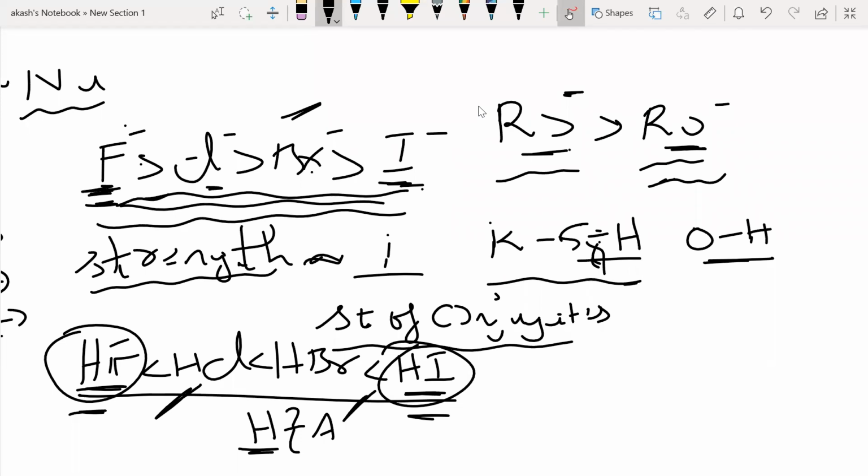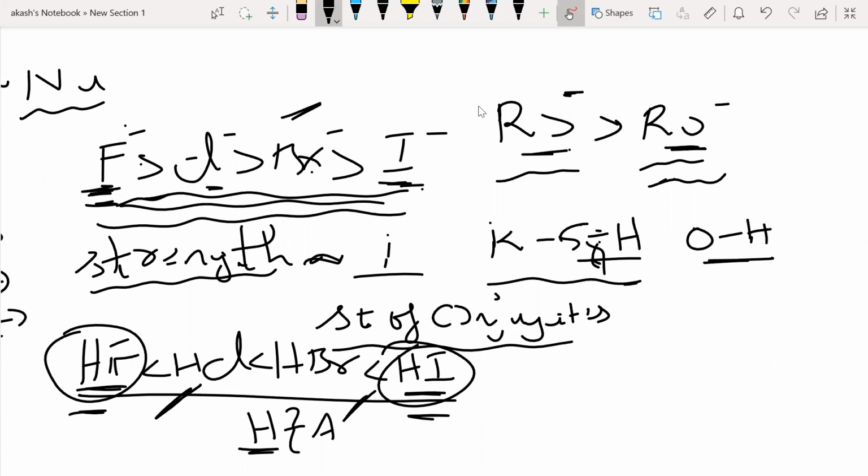Anybody wants to come up with a reason for this? Why do I see this mismatch? Even though RO minus is a better base, no doubt about it, when I go for nucleophilicity, RS minus overtakes.